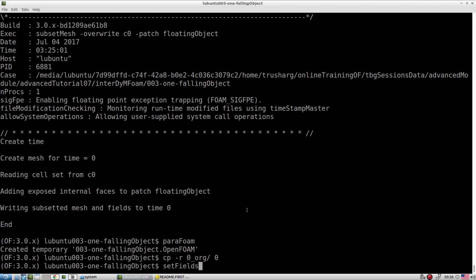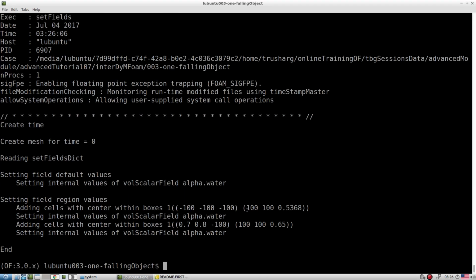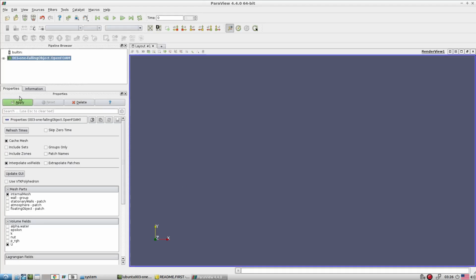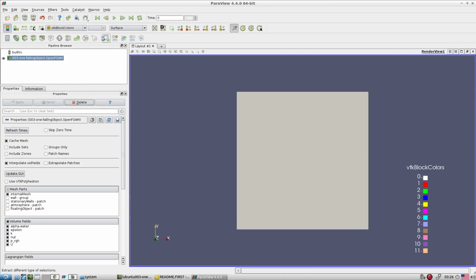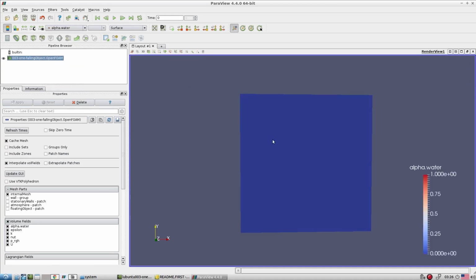With the set field, we are going to specify the alpha as a water volume fraction. And now let's just check how our test case looks. So let me quickly set this. Okay, and what we require is the alpha.